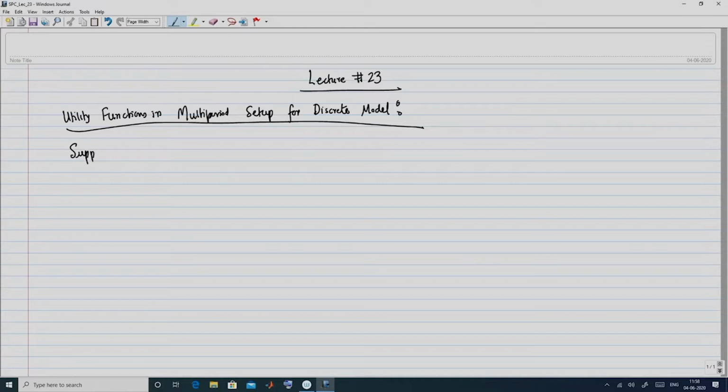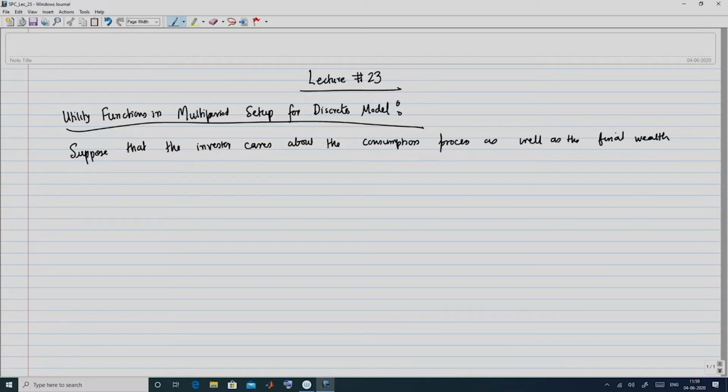Okay, so we begin with the supposition that the investor cares about the consumption process as well as the final wealth level. So, that means that the investor cares about the ongoing consumption process in addition to, of course, what is going to be the terminal or final wealth at the end of the investment period.